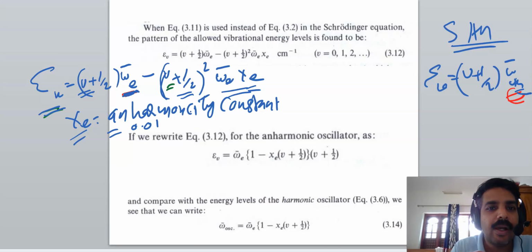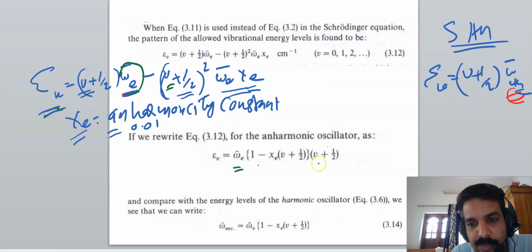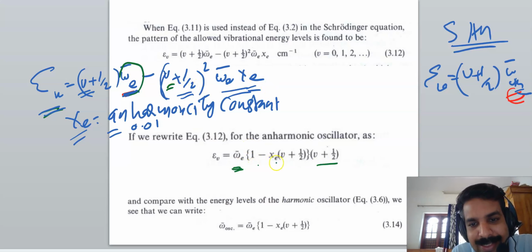By rewriting this equation, we can take omega bar e into (v + 1/2) outside, so the remaining terms are 1 and, from the second term, (v + 1/2) x_e. So we get E_v = (v + 1/2) omega bar e [1 minus x_e (v + 1/2)].